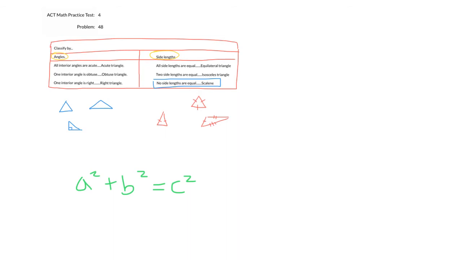If a squared plus b squared ends up being greater than c squared, that's going to give you an acute triangle, whereas this is a right triangle.